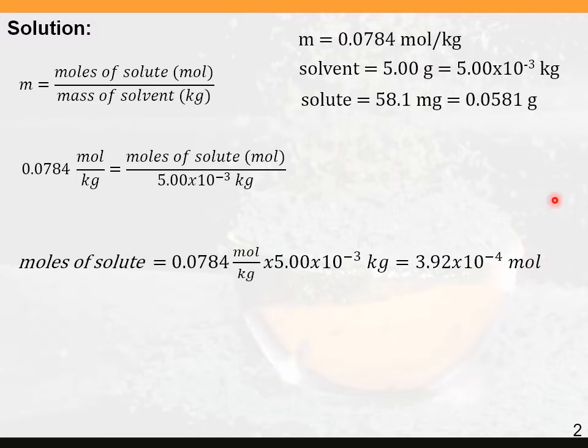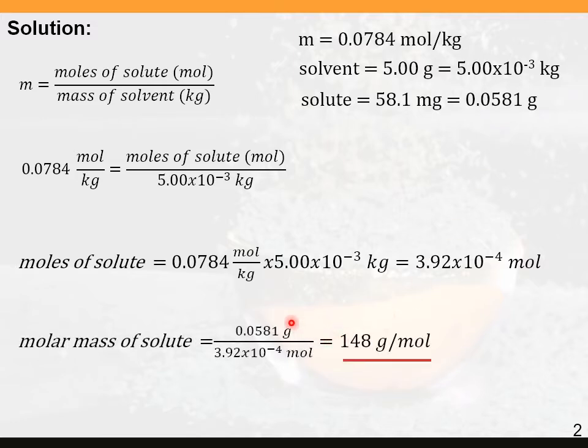And the solute mass that was given in the question was 58.1 milligrams. It is 0.0581 in gram units. So dividing the given mass in grams by the moles calculated from molality, we calculate the molar mass to be 148 grams per mole.